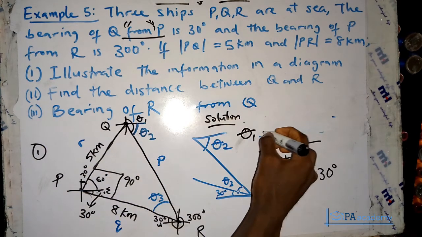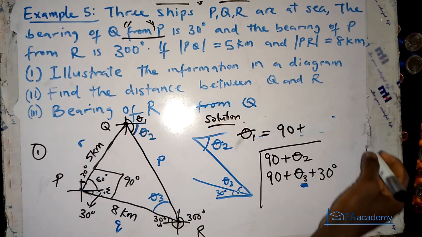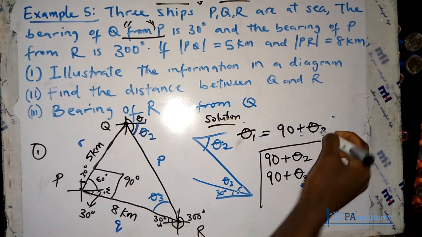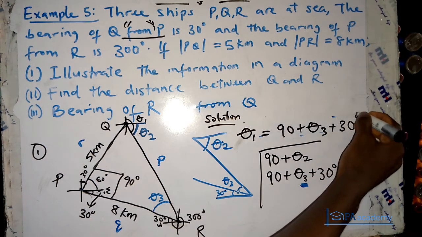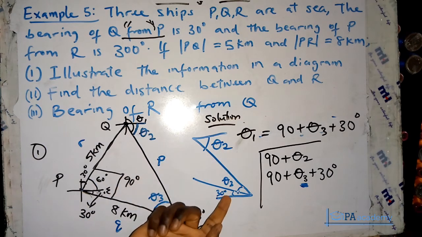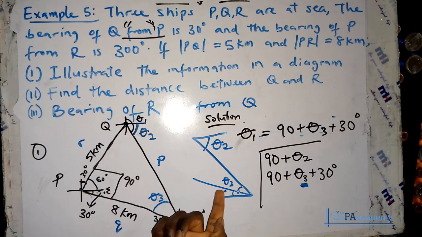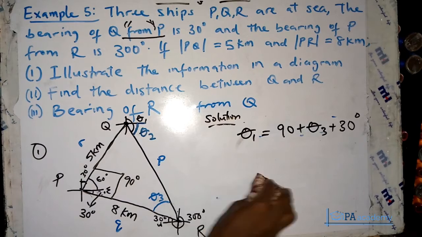So theta 1 is equal to 90 plus theta 3, which is this angle here, plus 30 degrees. This theta 2 is the same thing as theta 3 plus 30 degrees.